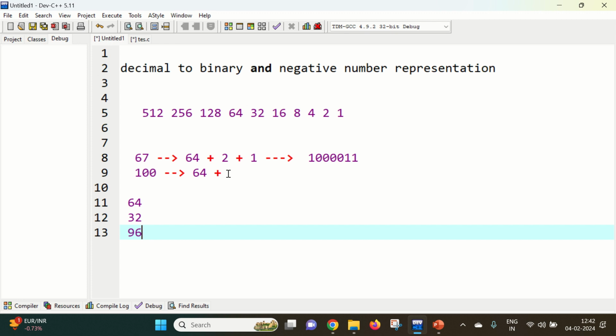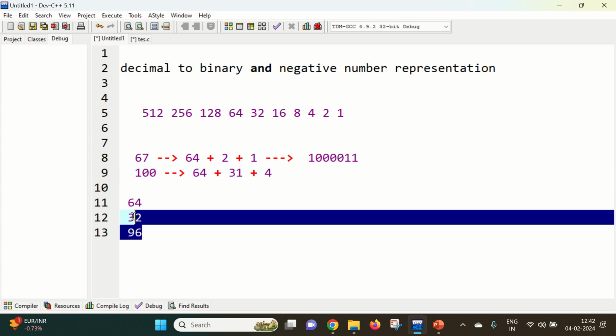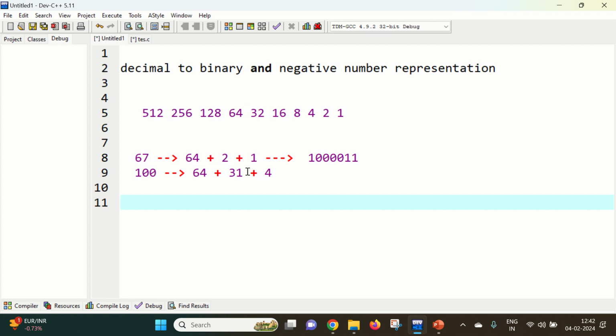So I am representing 100 like this: 64 plus 32 plus 4. It is not 31, it is 32. 64 plus 32 plus 4. So I think that is correct. Taking 64 plus 32: 4 and 2 is 6, 6 and 3 is 9, so 96, plus 4 is 100.